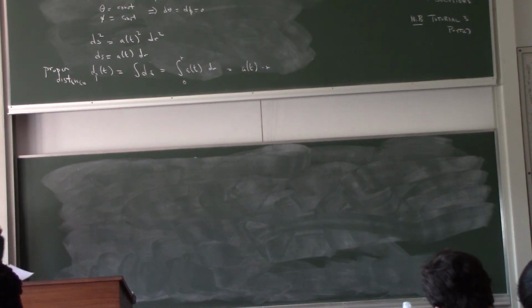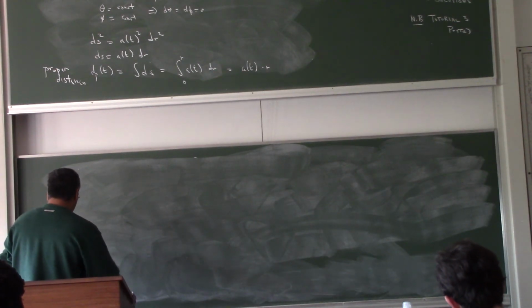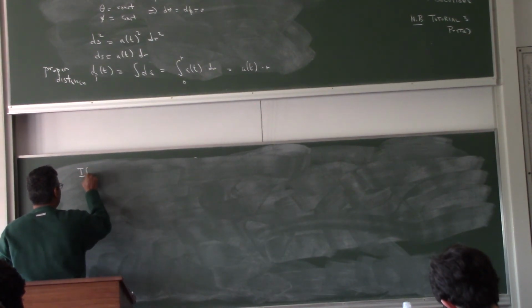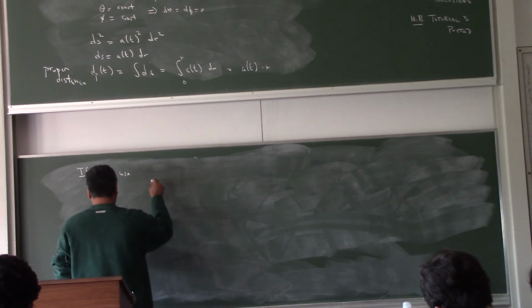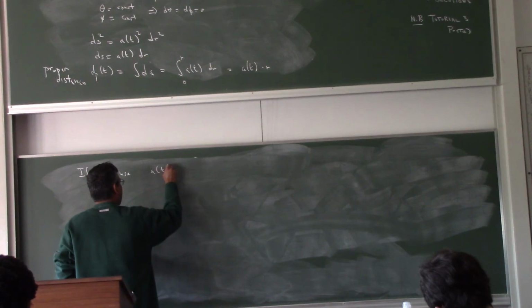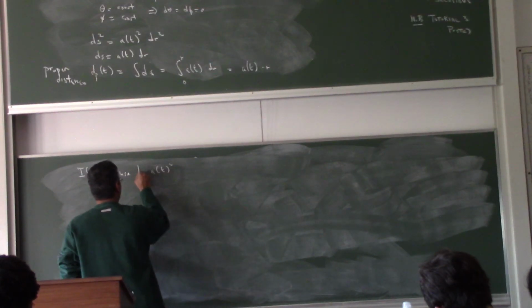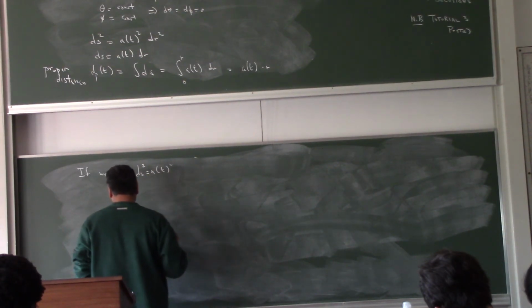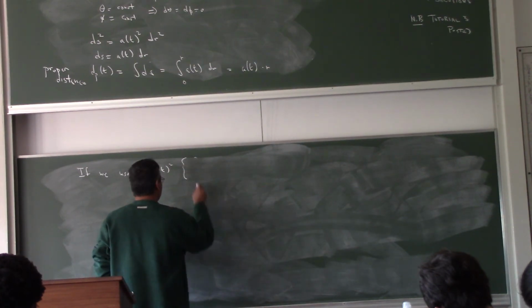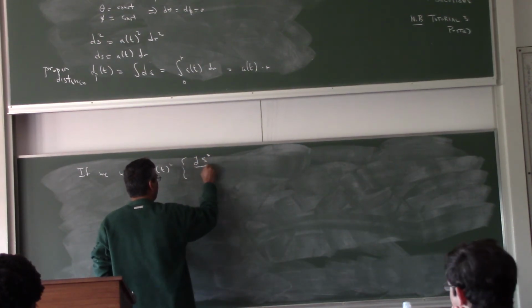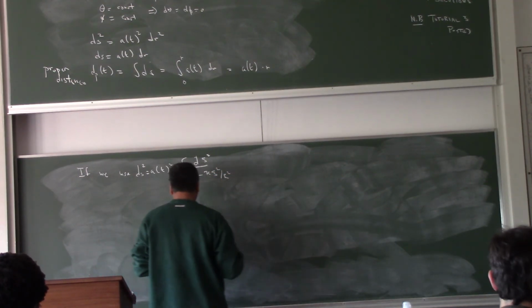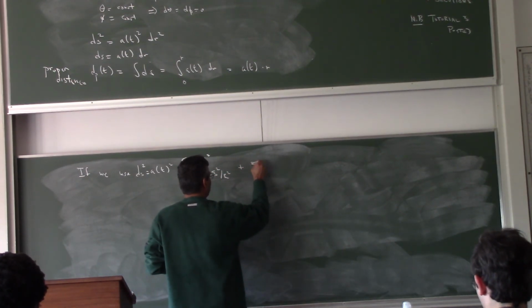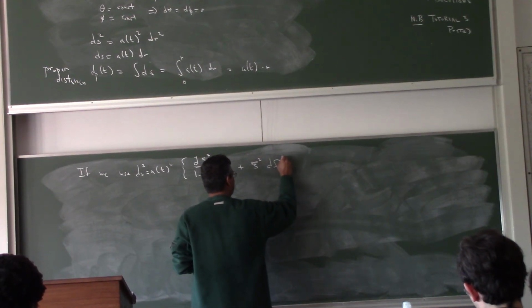Okay. So, suppose we use ds squared is a of t squared times d chi squared over 1 minus kappa chi squared over r squared, plus chi squared d omega 2 squared.